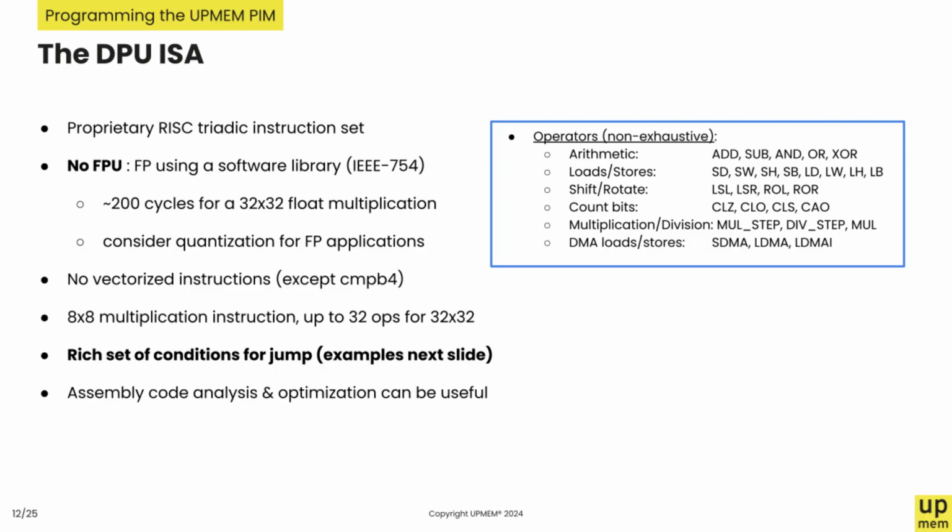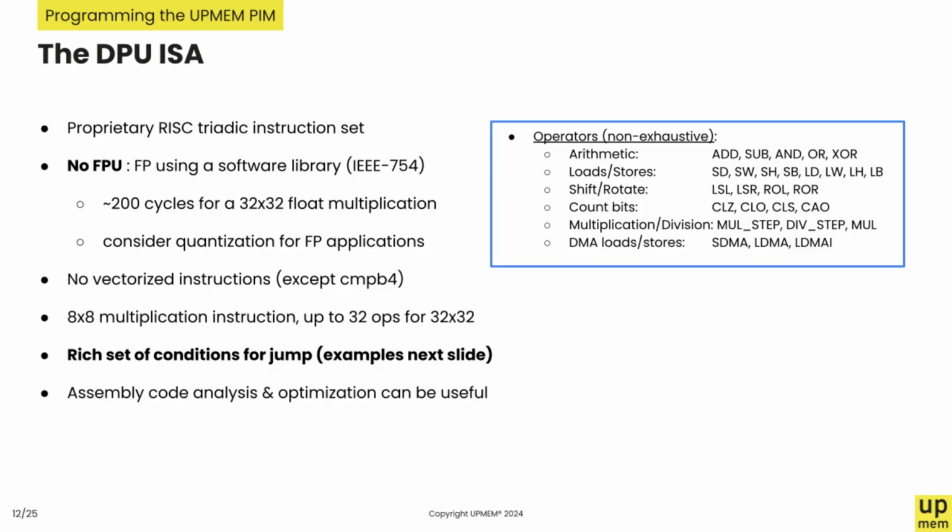So this was more limitations. Now I want to talk a bit more about an advantage. Almost all the arithmetic operations and other operations have some sort of conditional jump that you can use with them. This makes branching very efficient on DPUs, especially because not only are you saving one instruction, but since there's no branch prediction, automatic pipelining, or anything like that, branching is free.